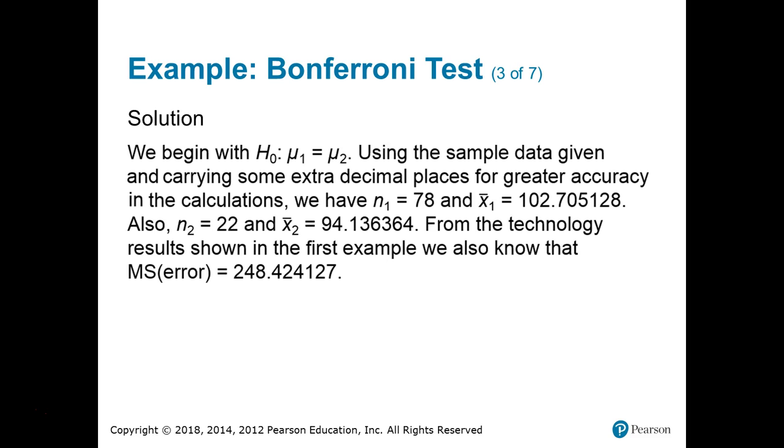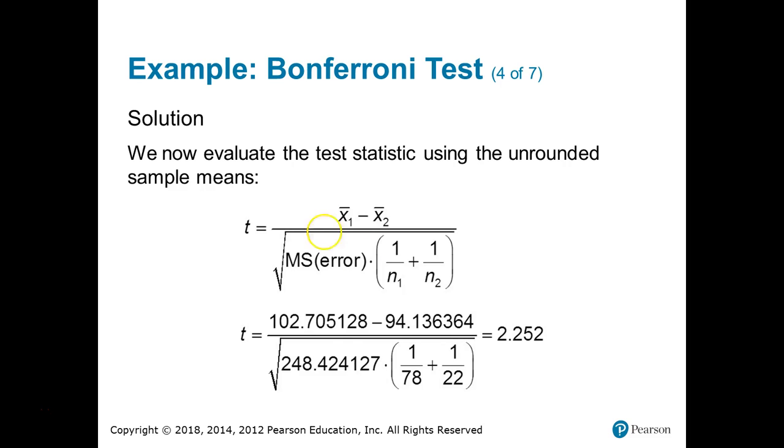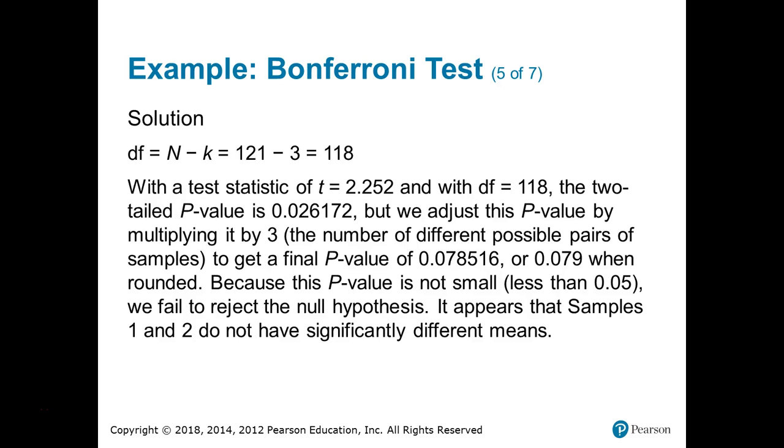So technology shows us the results have an MS error of 248.424127. Plug that in, we get a t statistic of 2.252. This is just the equation we had on the previous slides a couple ago. The degrees of freedom is going to be 118.